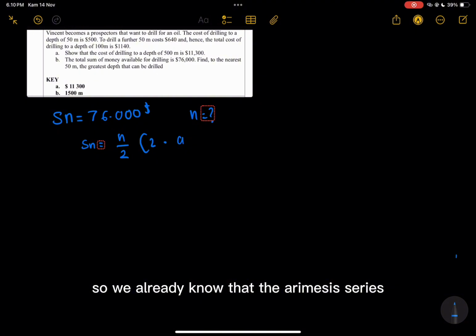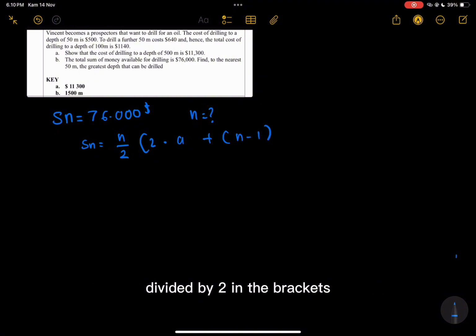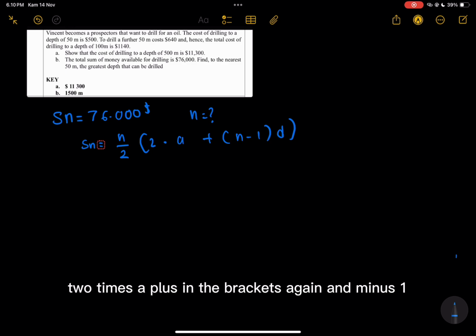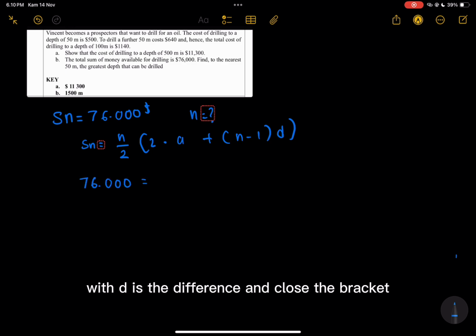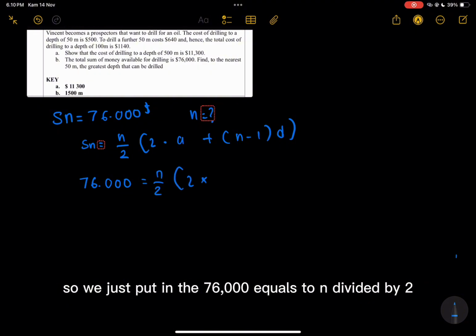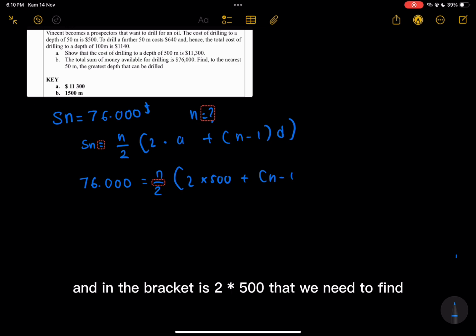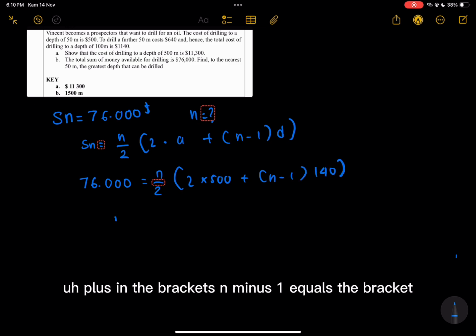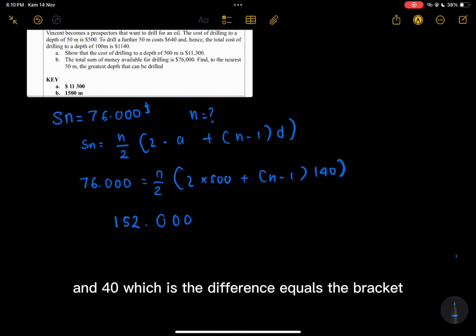So we already know that the arithmetic series formula is Sn equals n divided by 2, in the brackets, 2 times a plus, in the brackets again, n minus 1, close the bracket, with d the difference, and close the bracket. So we just put in there 76,000 equals n divided by 2, in the brackets, 2 times 500, plus, in the brackets, n minus 1, close the bracket, 140, which is the difference, close the bracket.